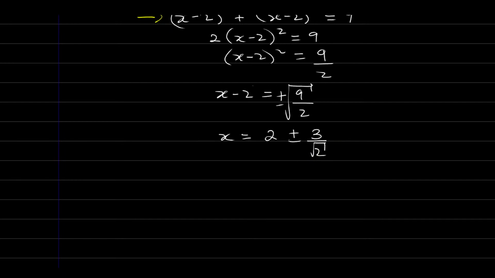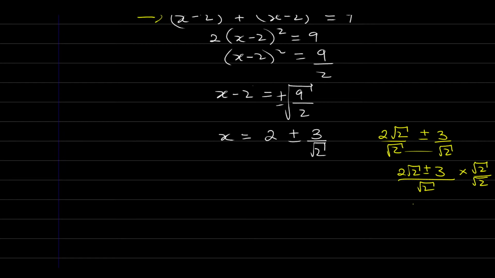So with this one here, I can say that this here is same as writing 2 root of 2 over root of 2 plus or minus 3 over root of 2. So I can have the LCM as root of 2, and I can say 2 root 2 plus or minus 3 over root 2. And then I can multiply the top and the bottom by root 2, root 2 over root 2.